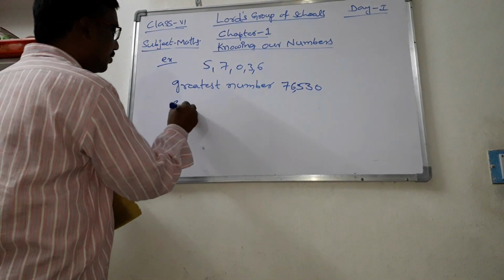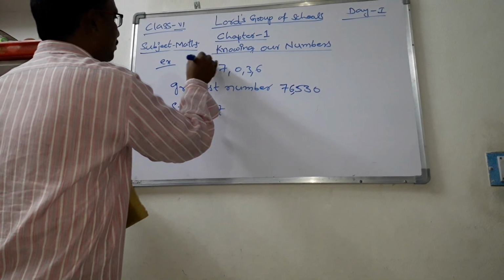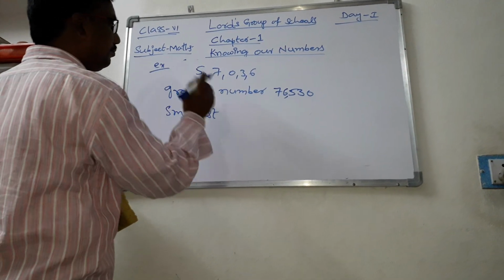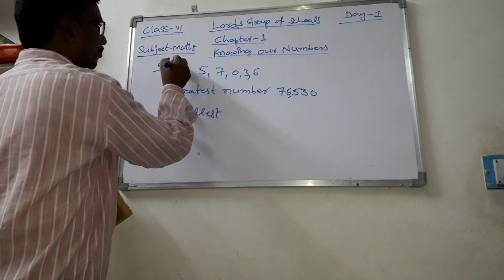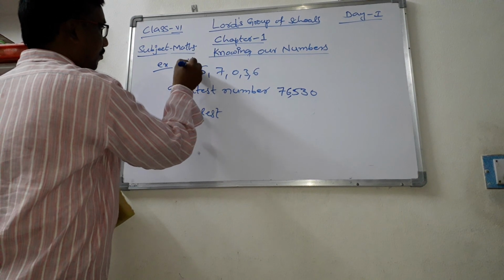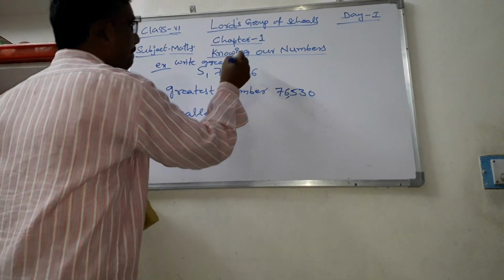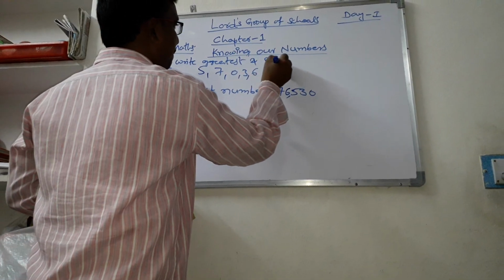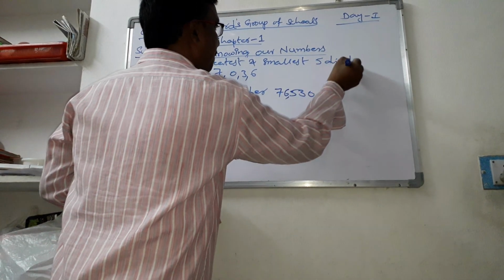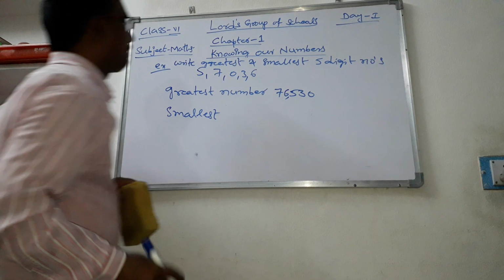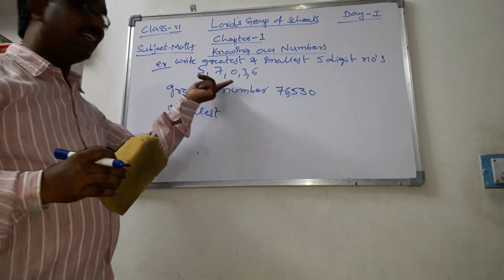And similarly, the smallest. So we are writing the 5-digit numbers which are formed by this system.